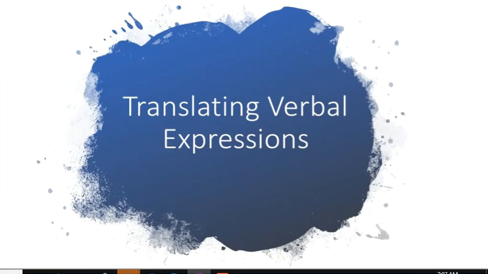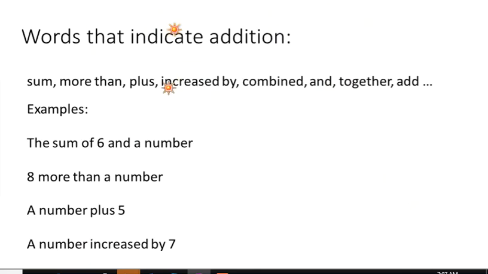We're going to practice translating some verbal expressions. So we're going to start with some of the words that indicate addition. You can see on this slide that I wrote all of them down. So sum, more than, plus, increased by, combined, and together, add. And we are going to practice a few of these together.